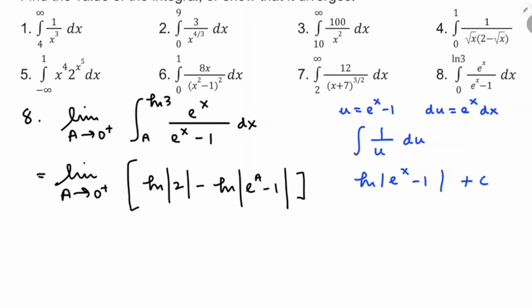Because a is approaching 0, that would be like 1 minus 1 there, I would be getting closer and closer to taking the natural log of 0, which does not exist, so that's not equal to anything. This diverges because this limit fails to exist. Okay, that was number 8, and that was a good set of drill problems.